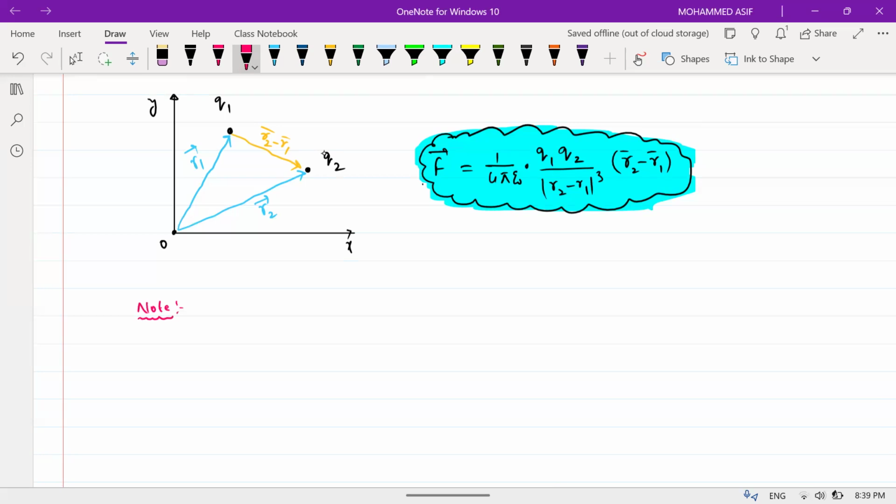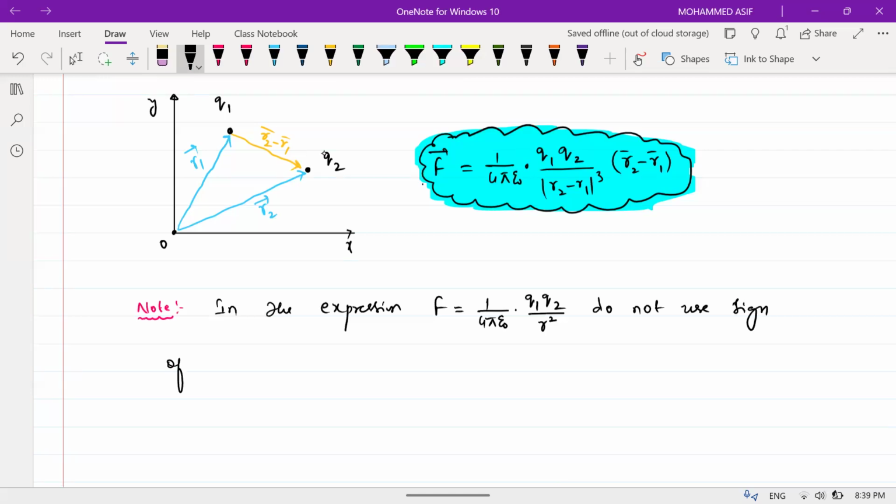A small note, beta. In the expression F is equal to 1 by 4 pi epsilon naught Q1 Q2 divided by R square, do not use the sign of charge, because this is the magnitude of the force.